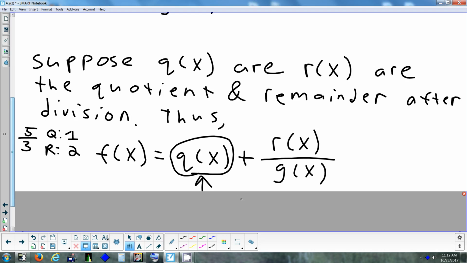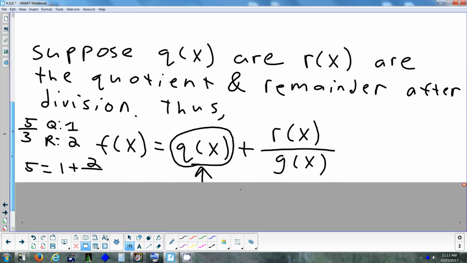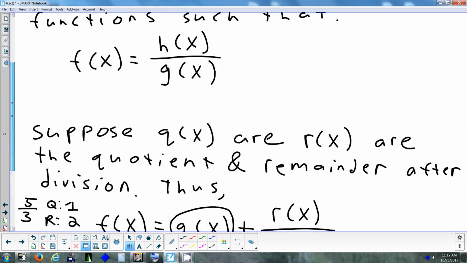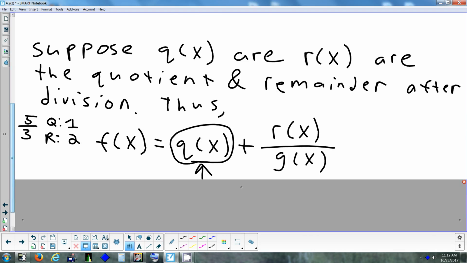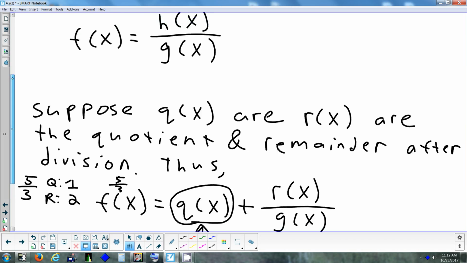Now, if you write it like this, 5/3 should equal your quotient plus your remainder over what you divided by. So f of x, that was what I got when I divided, is 5/3.